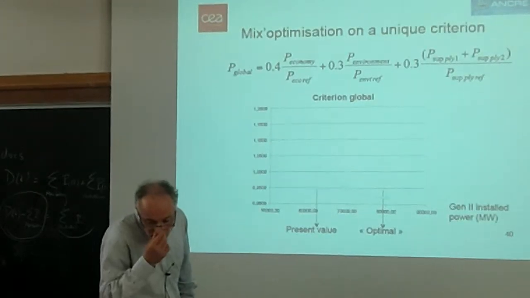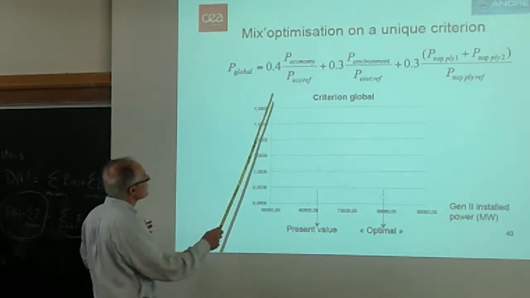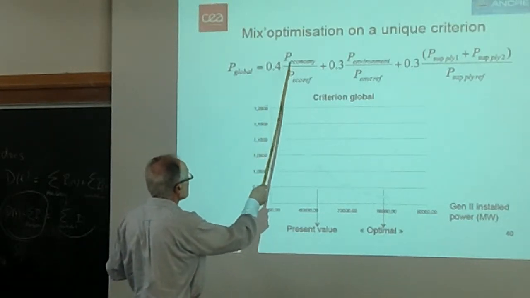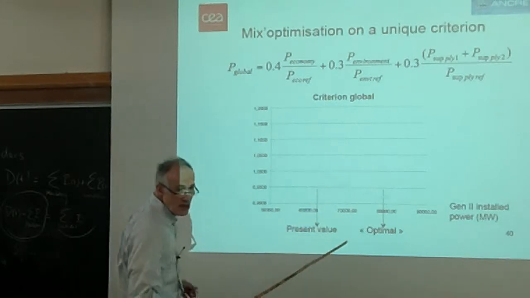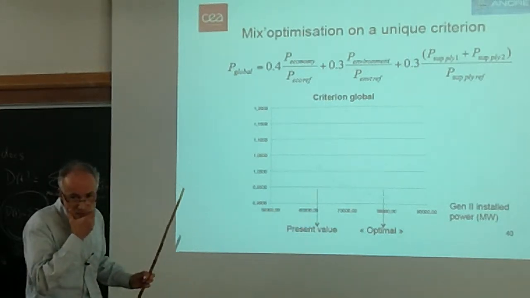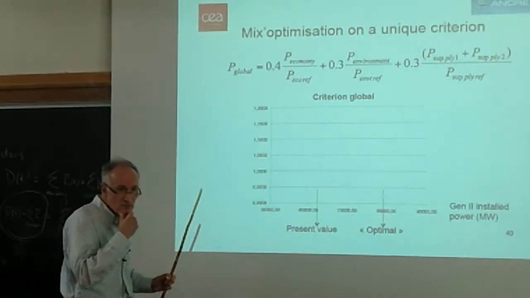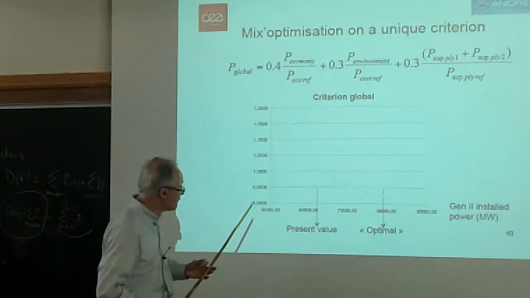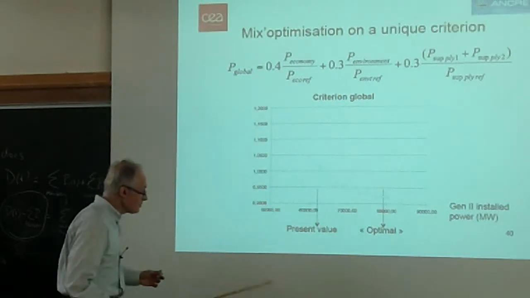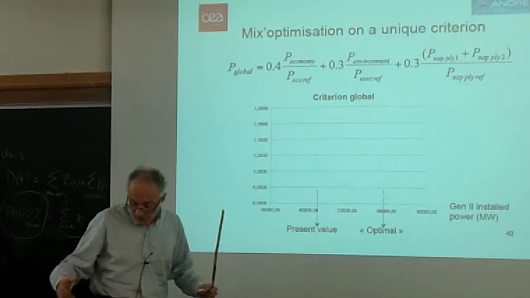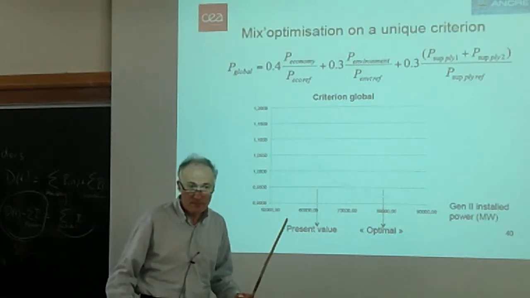We can also optimize on a unique criterion if we agree on the respective weights of the economical, environmental, and independence-of-supply criteria, make a linear combination of them, run an optimization, and for instance optimize the nuclear power.